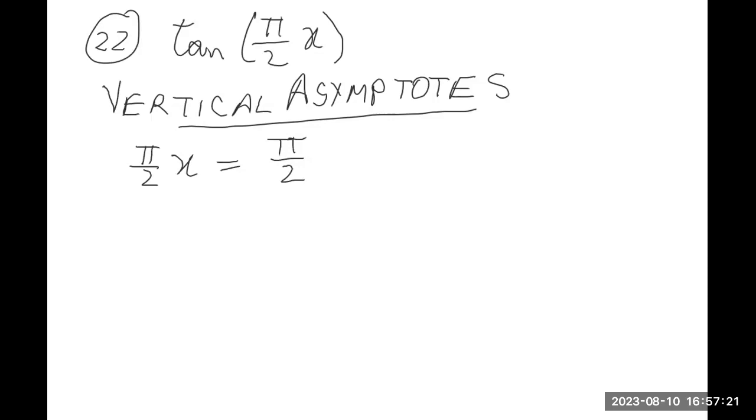So there's a factor of pi over 2 on both sides. That means x equals 1. So in this graph, whenever x is 1, you're going to have a vertical asymptote.